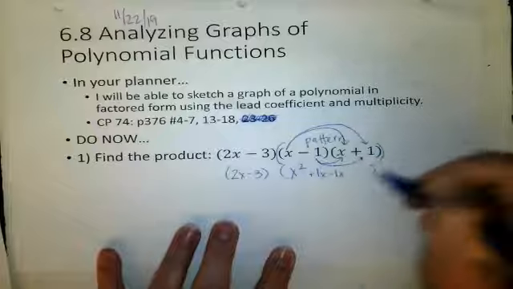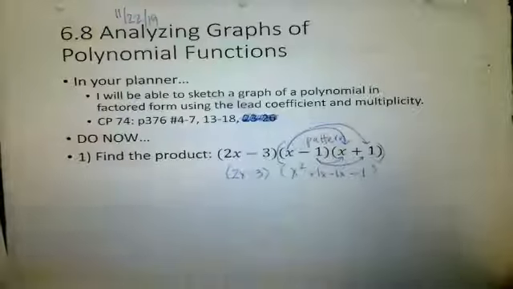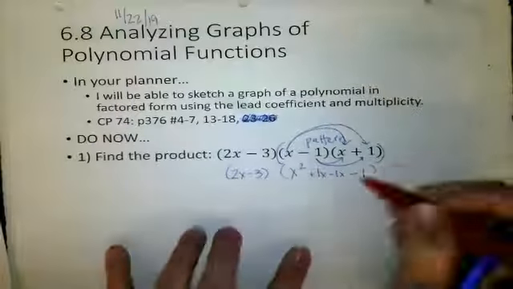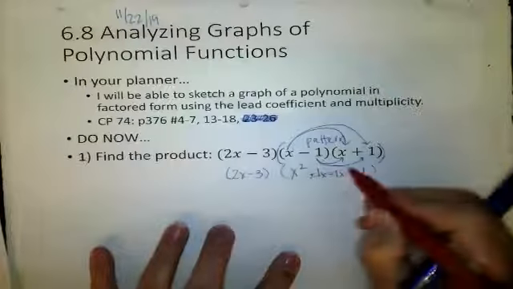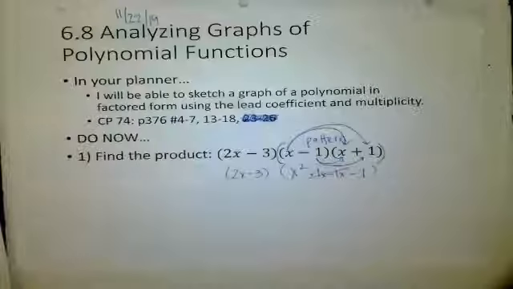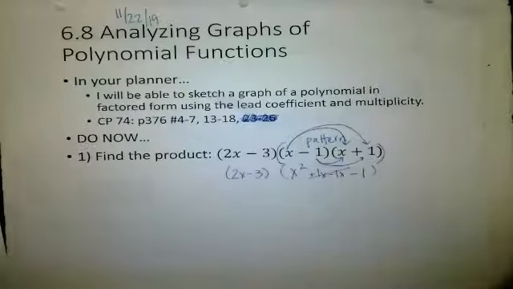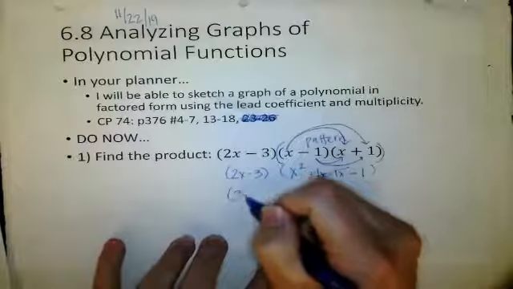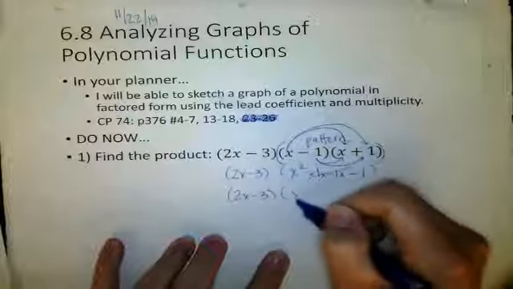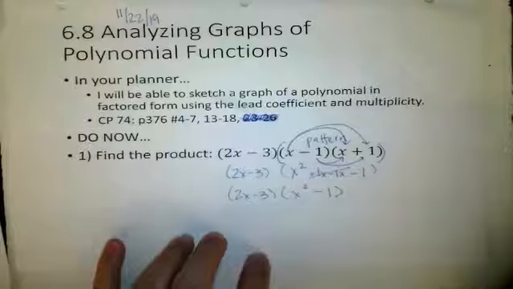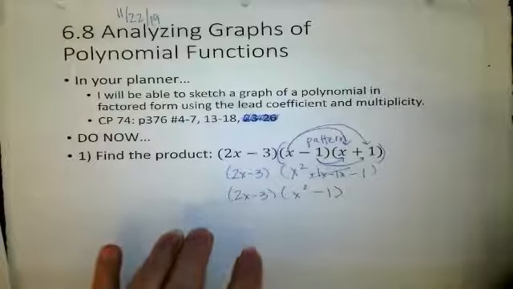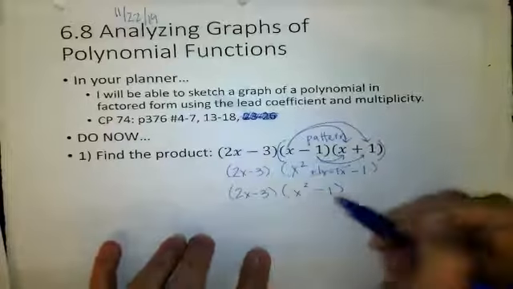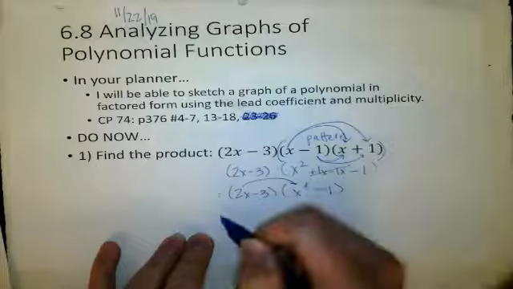And negative 1 times positive 1 is negative 1. Whenever we have this pattern, that outside and inside term, those middle two terms always cancel each other out. And so you can take a shortcut there and jump right to x squared minus 1, which is kind of handy. Now we can multiply these two things together.